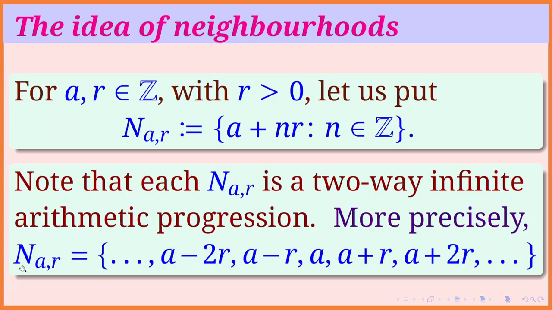More precisely, N_{a,r} looks like this. So, start with a and keep on adding multiples of r: a plus r, a plus twice r, and keep on subtracting multiples of r: a minus r, a minus 2r, a minus 3r, and so on. So, this is the structure of N_{a,r}.